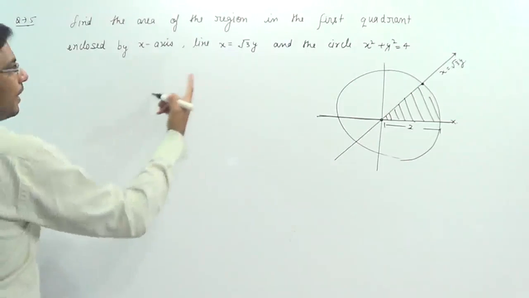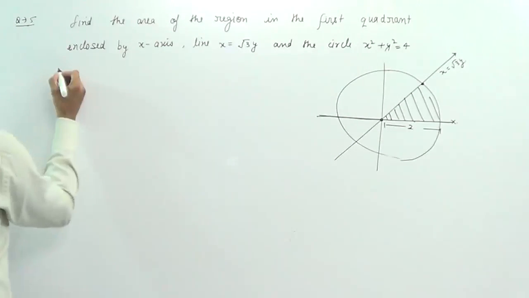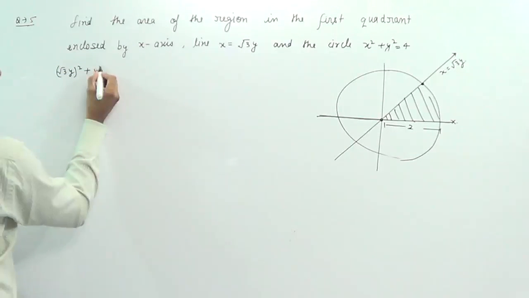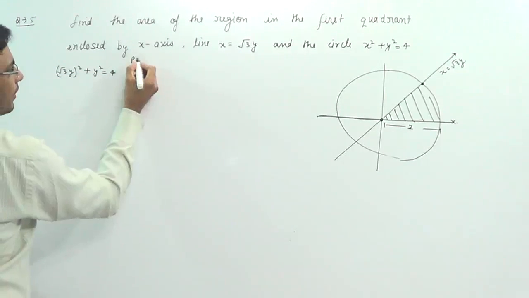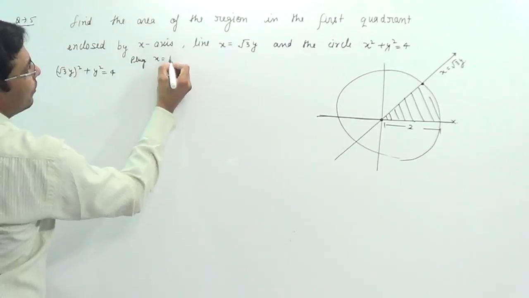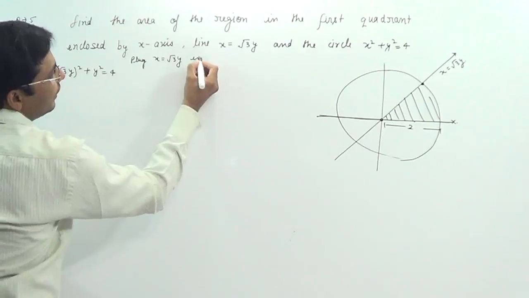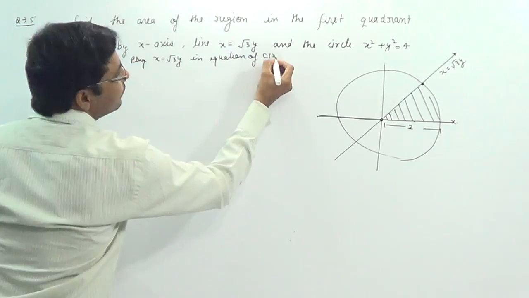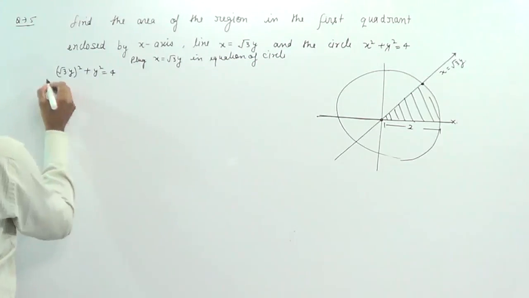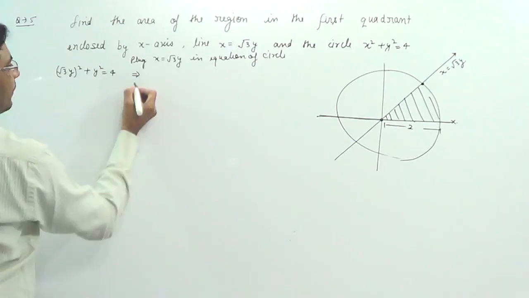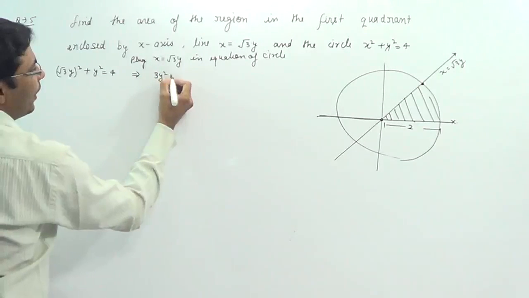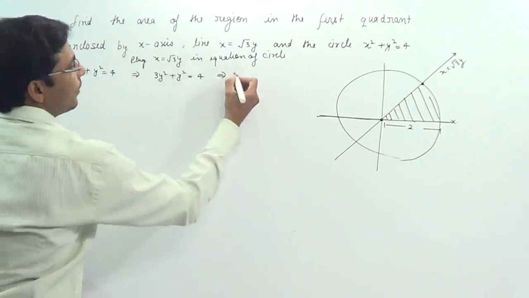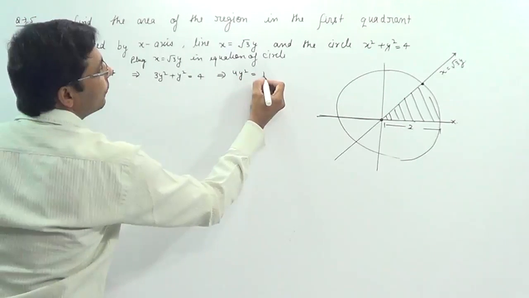So in the circle, plug x = √3y into the equation of the circle. We will get (√3y)² + y² = 4.